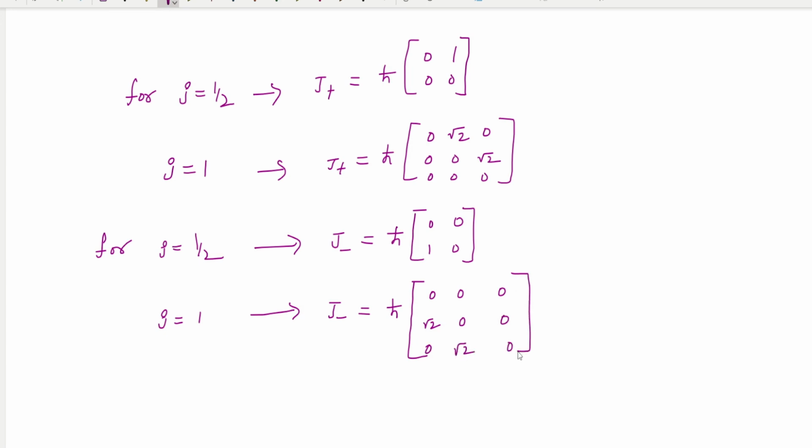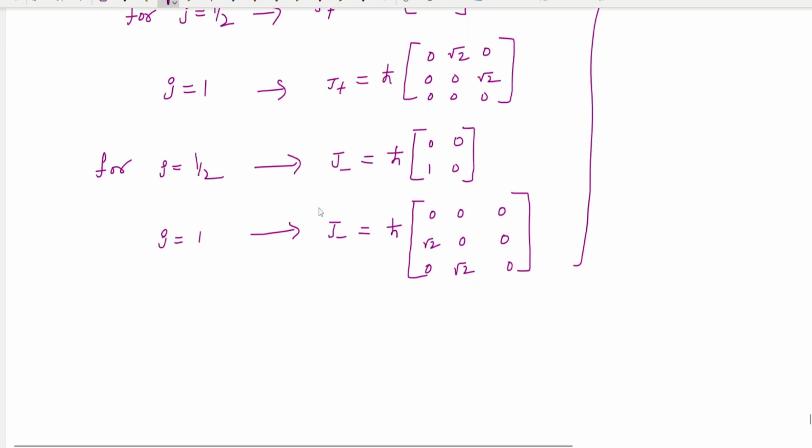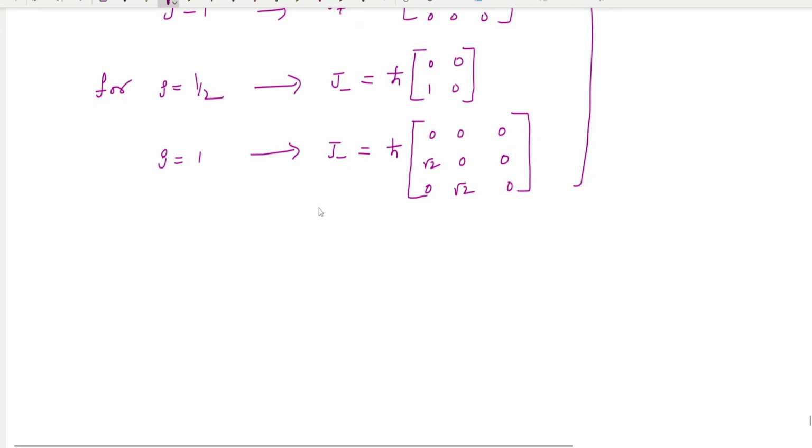Zero. These are the matrices we found in the above multiple matrices. Now it is time to find the jx value. How can we find the jx value? We know j plus, the rising operator, is jx plus i jy, right?